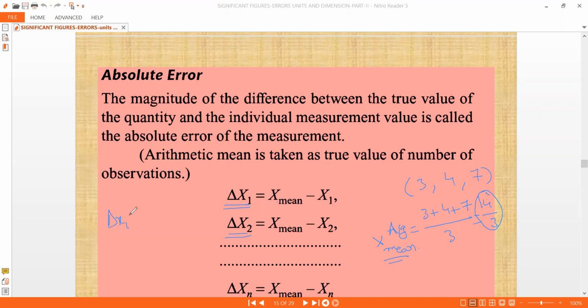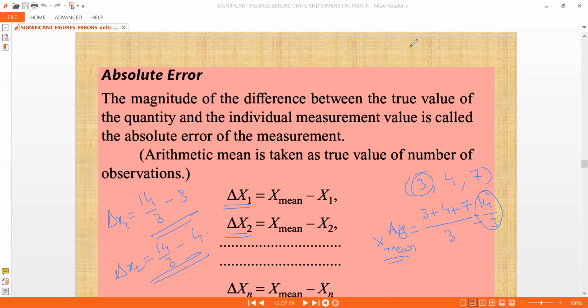Delta x1 is this x mean, that is 14 by 3, minus the first measurement, which is 3. Like this we do. And delta x2 is again the mean, 14 by 3, minus the second measurement, which is 4. I hope you understood the example here.